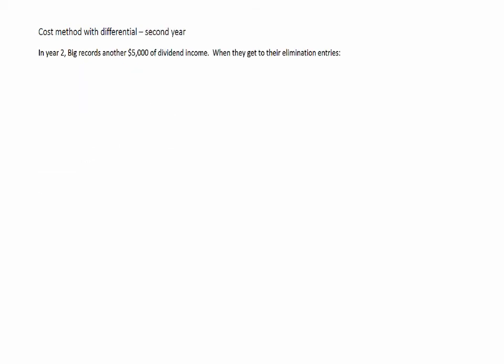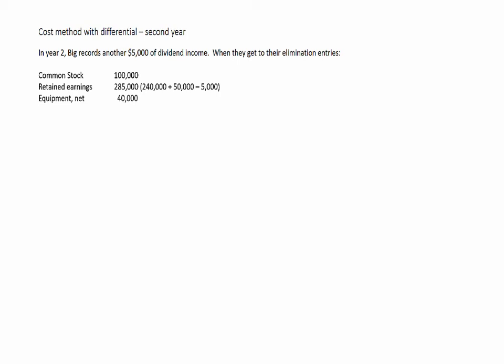Moving on to year 2, Big is going to record another $5,000 of investment income. When they get to their elimination entries, again, they eliminate Little's beginning of year owner's equity accounts. Common stock is still $100,000. Little's retained earnings is now up to $285,000: last year's balance of $240,000 plus $50,000 of income minus $5,000 in dividends. And they carry forward the remaining unamortized differential.